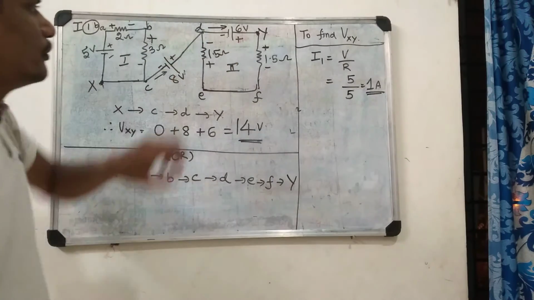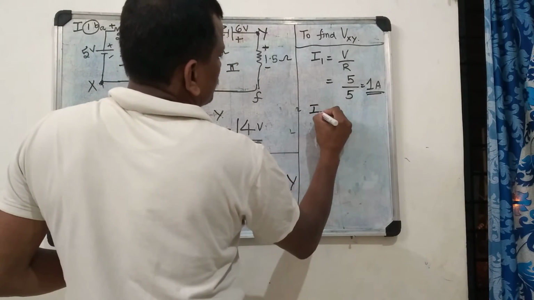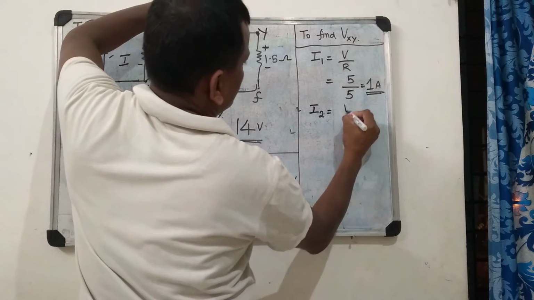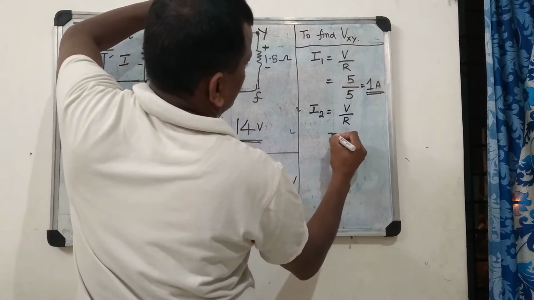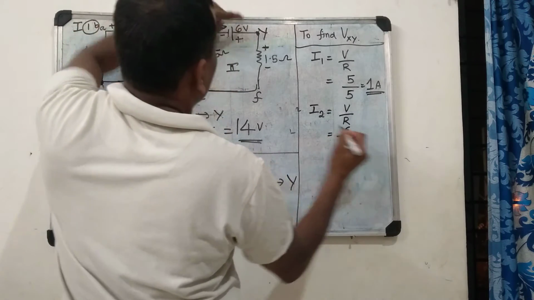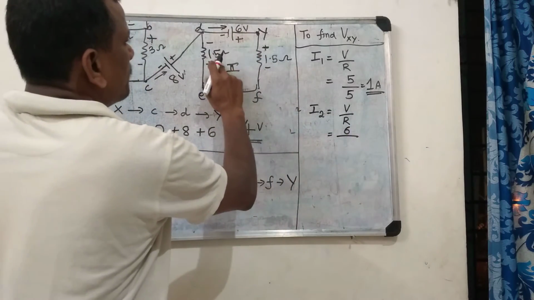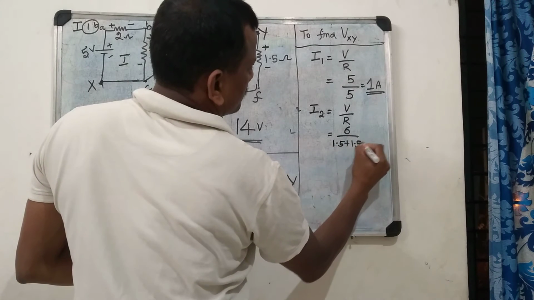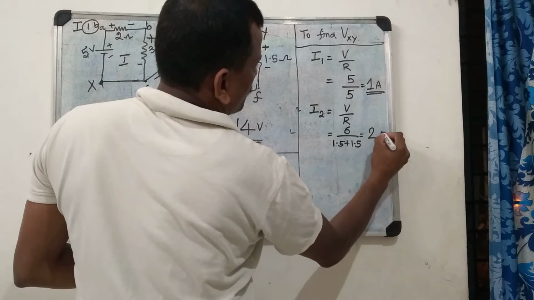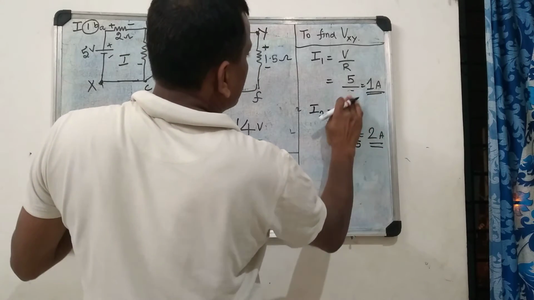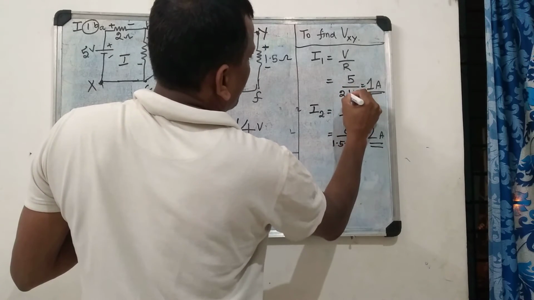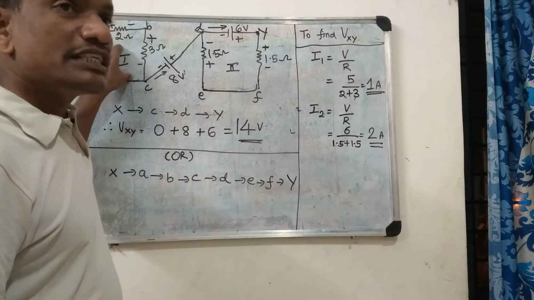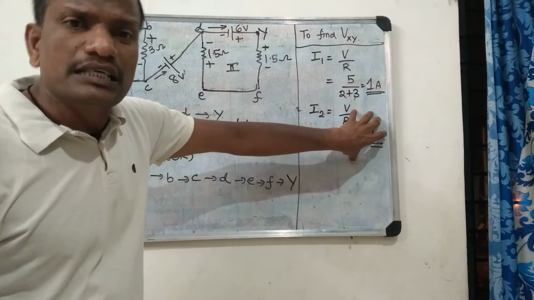Similarly, coming to this loop, I2 equal to V by R. V is 6, divided by 1.5 plus 1.5, which is 3. Two amps. So first loop current is 1 amp, second loop current is 2 amps.